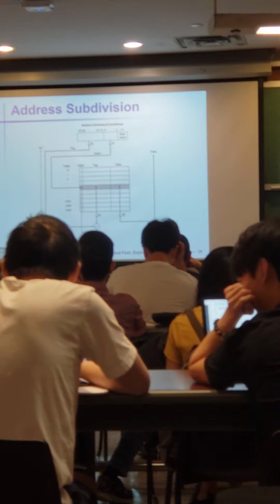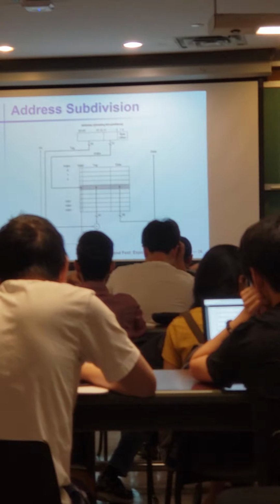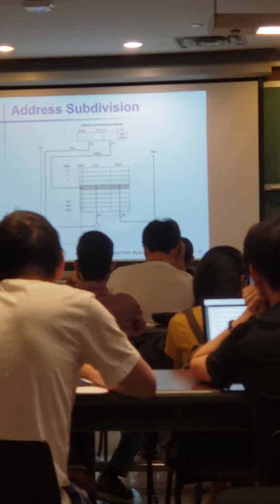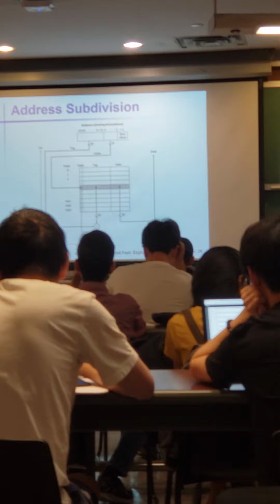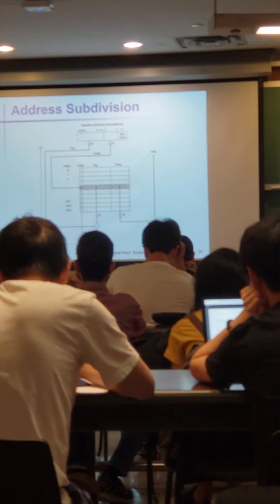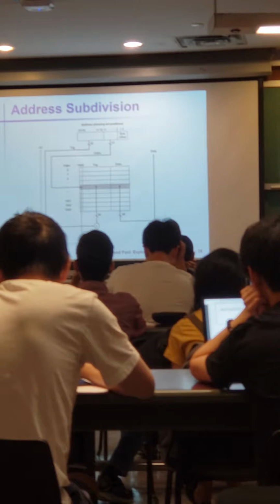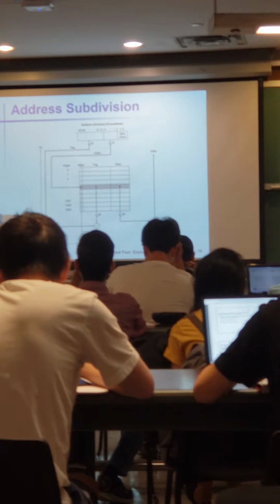And then in parallel, you get a sequence of zeros or ones. Only if all these outputs are zeros, then it's equal, right? Because 0, 0 is 0 and 1, 1 is 0. So only if everything is 0, there is a match.